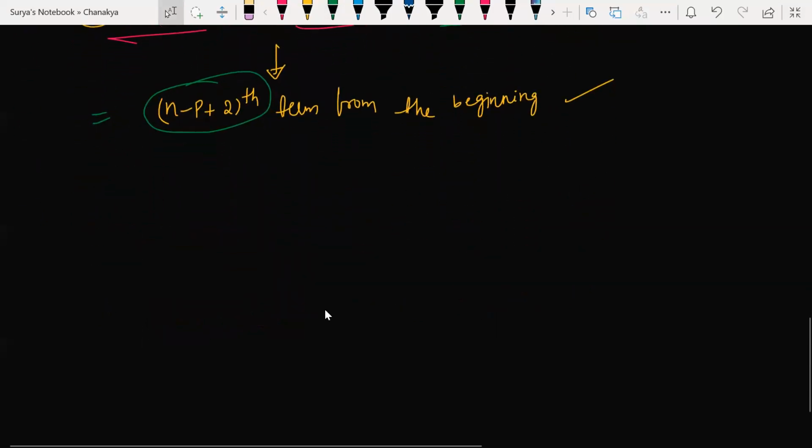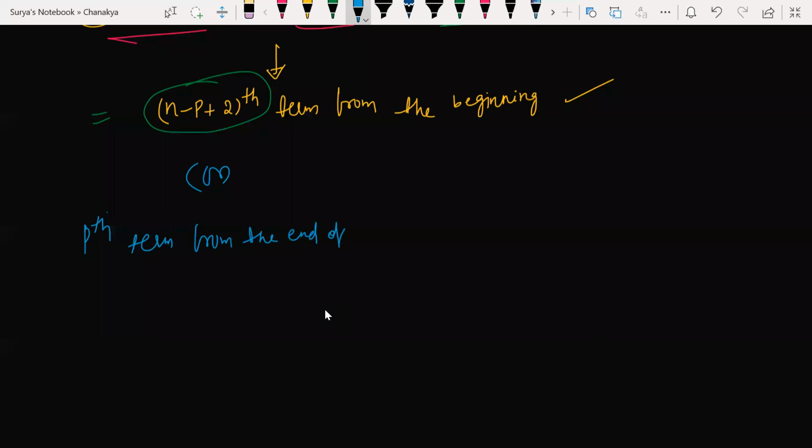Or else, very simple, you say that the pth term from the end of (a plus b) whole to the power of n is equal to the pth term from the beginning of (b plus a) to the power of n.